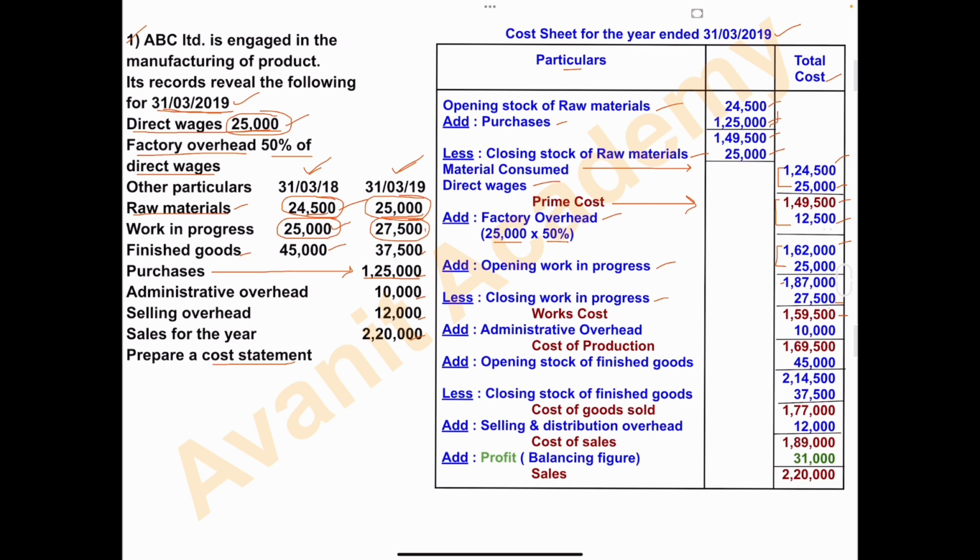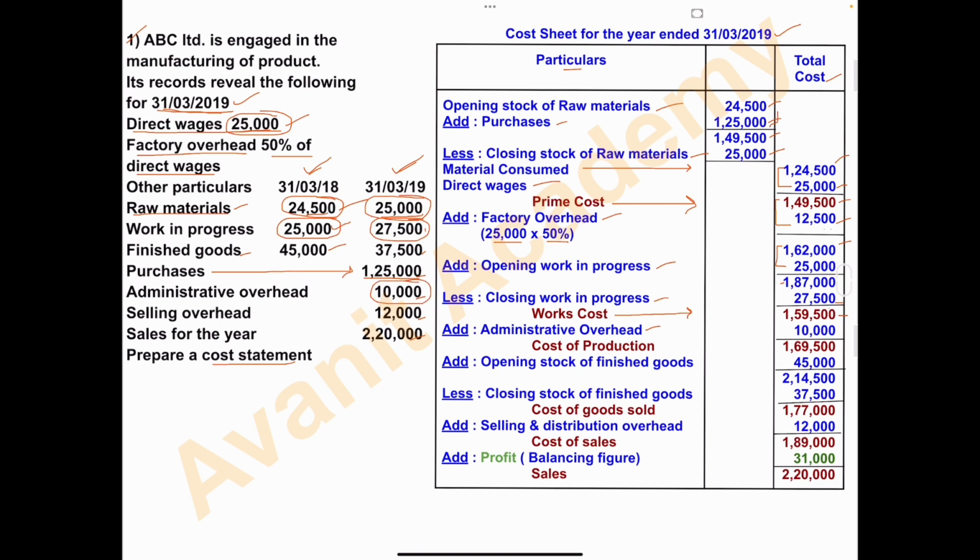To this amount, write works cost. After works cost, what we have to take? Administrative overhead, which is also called office overhead. Right here, add administrative overhead. Administrative overhead amount is 10,000.